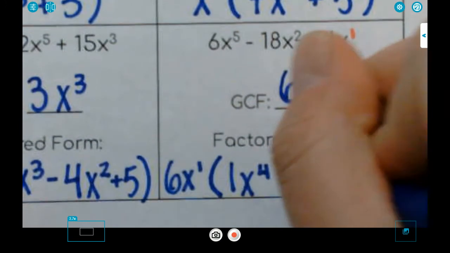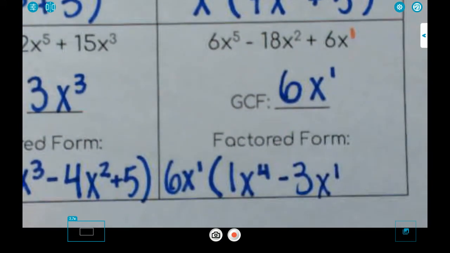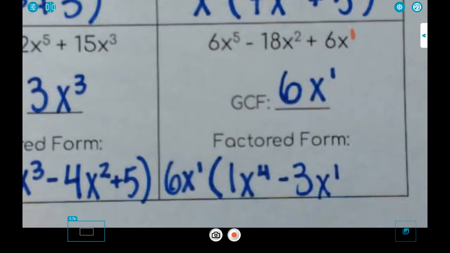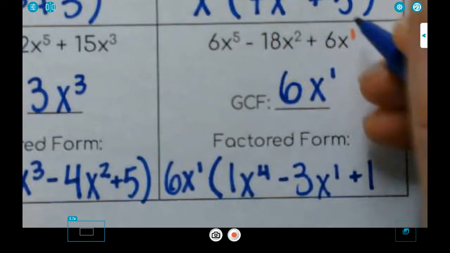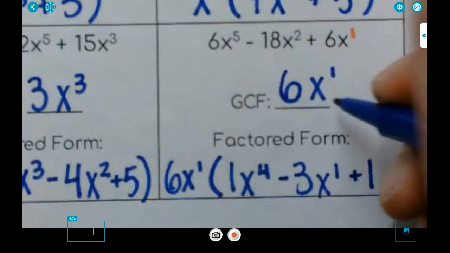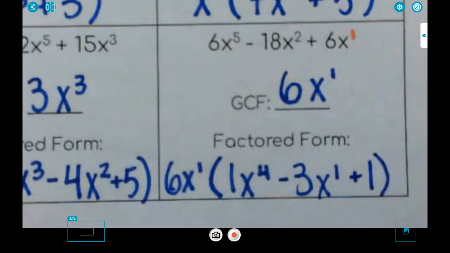So 3x to the 1st. Then we'll do 6 divided by 6 is 1. x to the 1st, take away all of the x's. There should be no x's left.